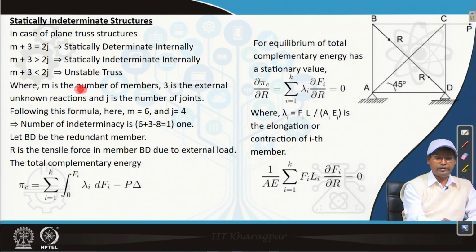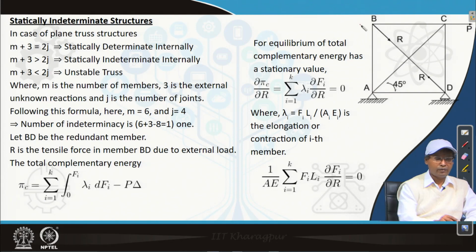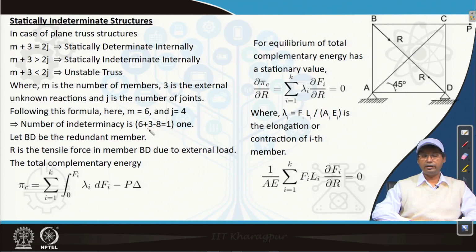Here m is the number of members, 3 is the number of externally unknown reactions, and j is the number of joints. Following this formula, m equals 6 and j equals 4. The degree of indeterminacy is 6 plus 3 minus 8, which equals 1. The 3 is there because it is a plane truss with 3 equilibrium equations.